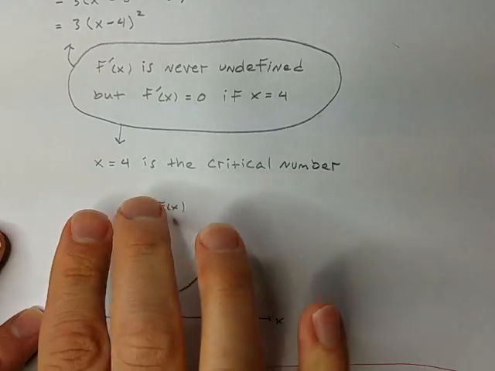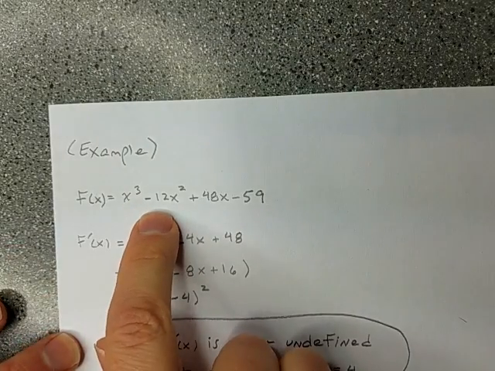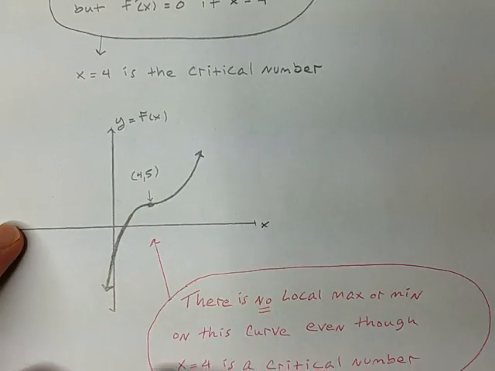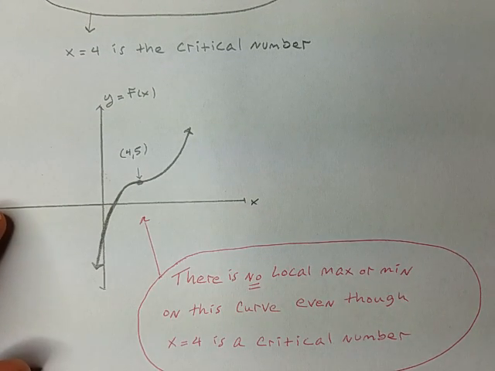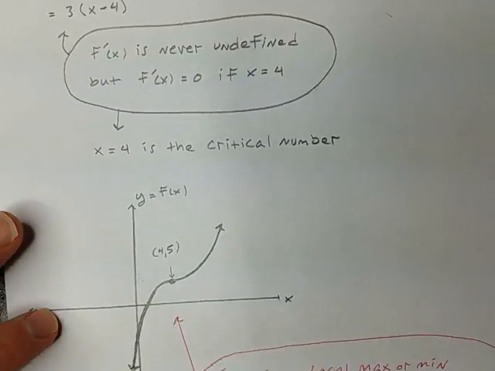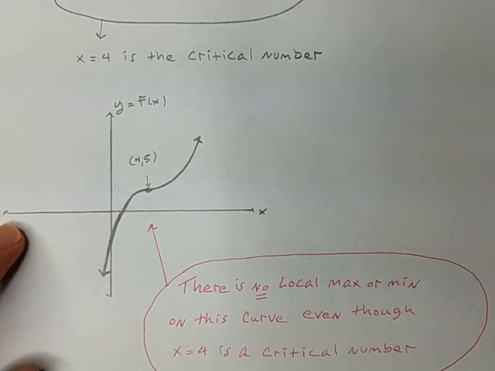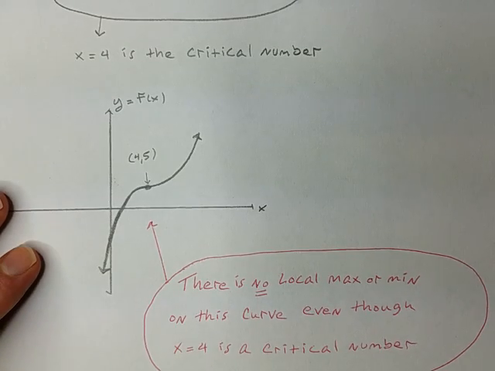So just because a curve has a critical number doesn't mean that there's a max or min at that point. Okay, here's an example of a curve that has a critical number at 4, but does not have a local maximum or minimum there.